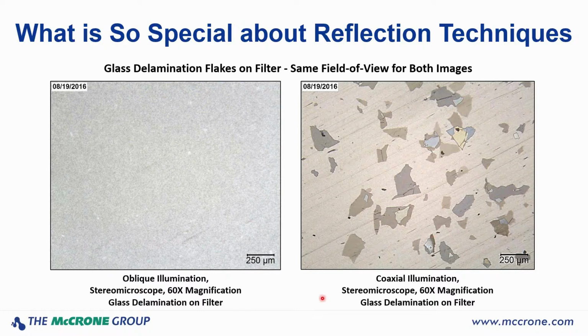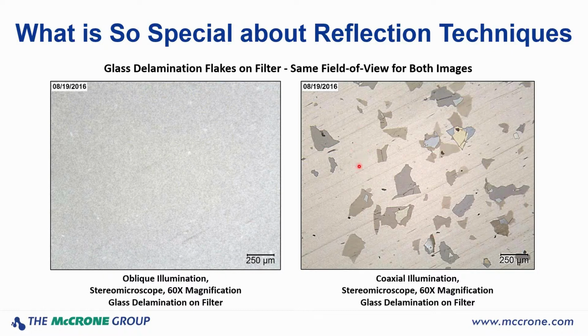That is the exact field of view. You can see here these white particles are actually these two black ones here. Over here is a white particle, that is that black particle. You've got this one, which is this one, which shows it's the same field of view. So these are all thin glass flakes of delamination. They're probably 50 nanometers thick, if that.